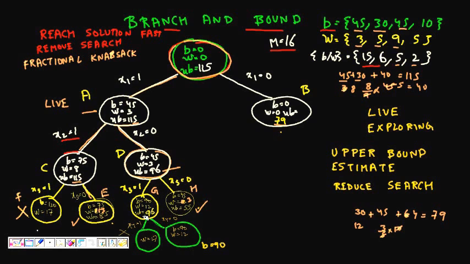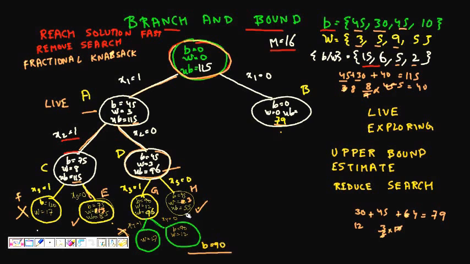So we come to G. X4 is 1. I can take the fourth item, or not take it. If I take the fourth item in G's path, the weight will become 17. So this is not possible. If I don't choose the fourth item, then benefit is 90 itself and weight is 12, and we are done for this path.